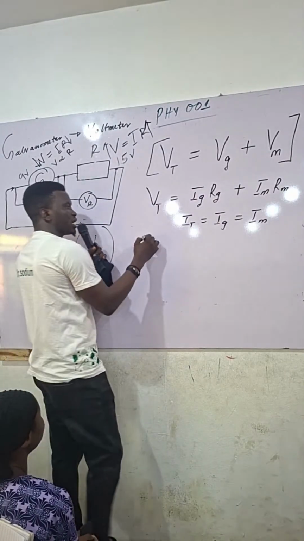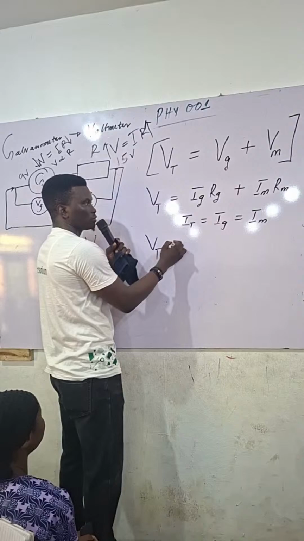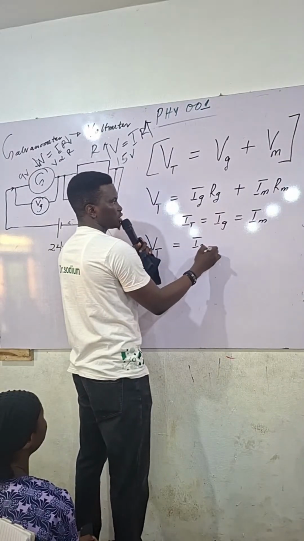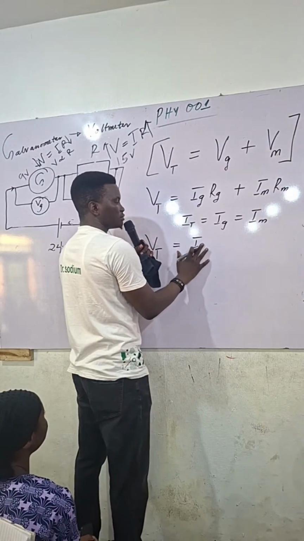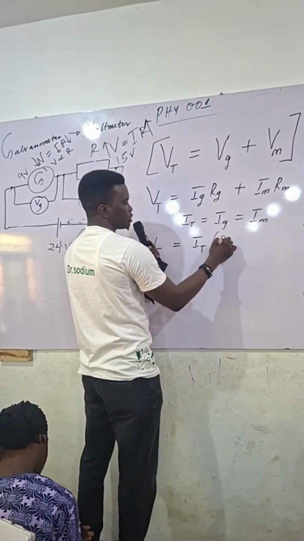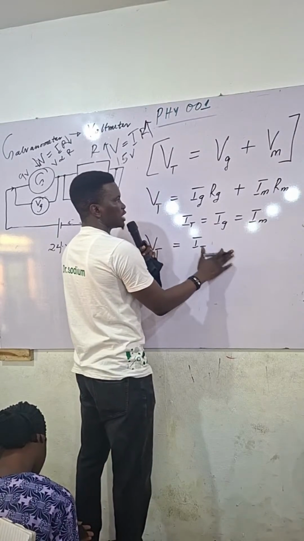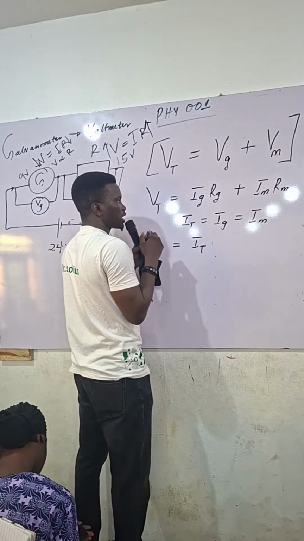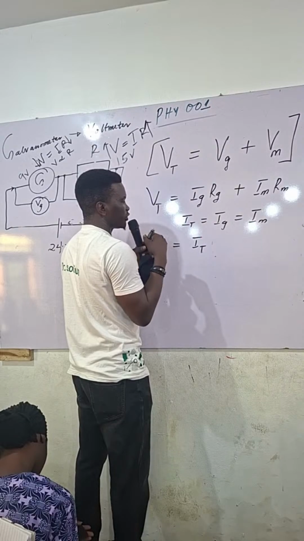So I can now say that V_T is equal to I_G, or I so to say, times (R_G plus R_M). Let me make R_M the subject of the formula.